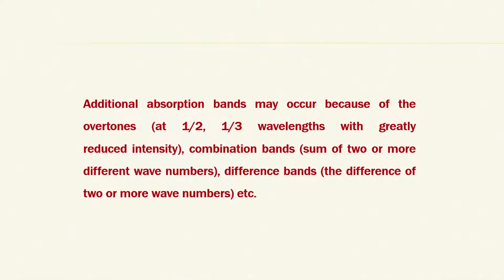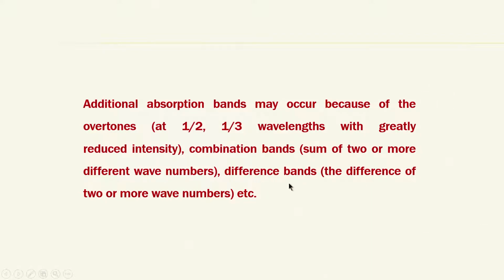Further, additional absorption bands may occur because of overtones. I had told you that overtones are peaks at 1/2 to 1/3 the wavelength with greatly reduced intensity of the same IR peaks. Sometimes I get combination bands, that is the sum of 2 or more different wave numbers as another peak.